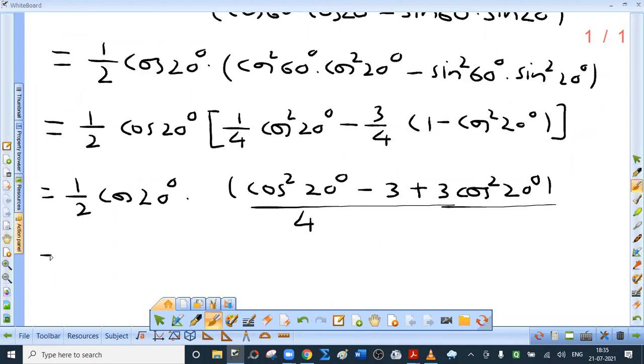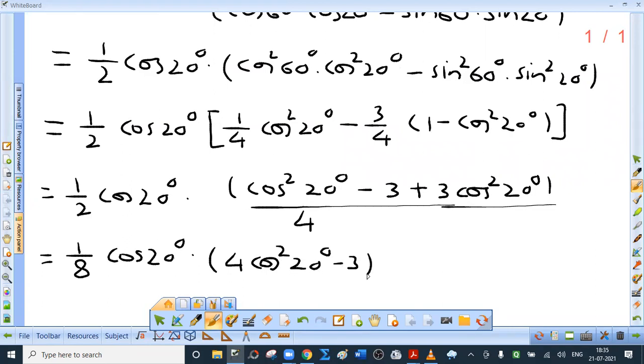Now the constant part I get as 1 upon 8 cos 20 degree in bracket, in all 4 cos square 20 minus 3, that is 1 upon 8 into 4 cos cube 20 degree, I must say, minus 3 cos 20 degree.